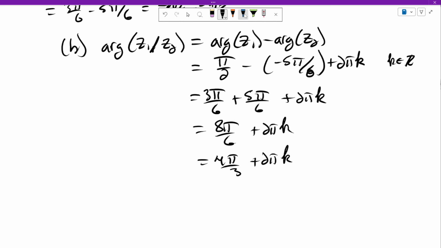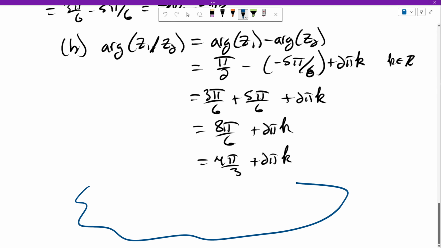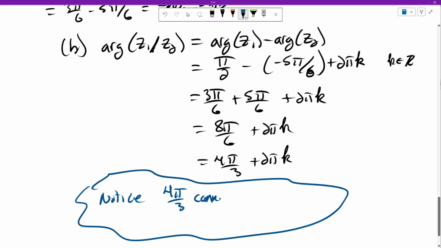Notice 4 pi thirds cannot be a principal argument because it's too big. It exceeds pi. So again, although it works for arguments, it does not necessarily work for principal arguments. So just be a little careful.